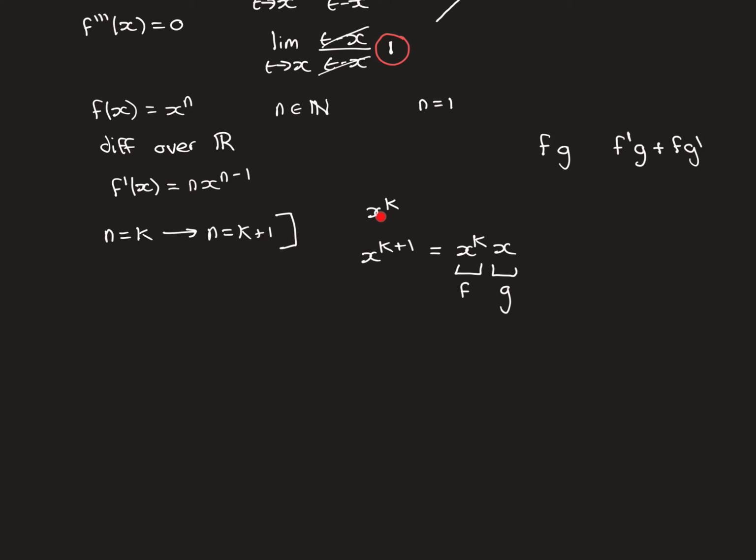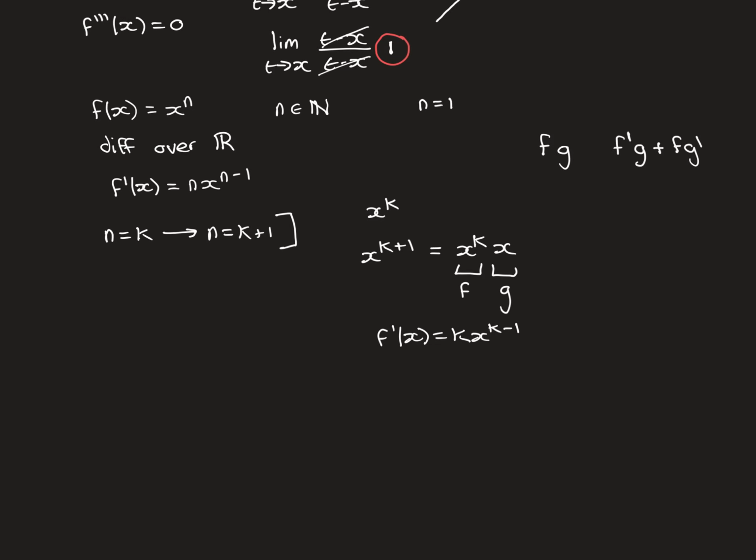Now, by our assumption, we got to assume that this was true for n is equal to k. We therefore know that this function x to the power of k is differentiable over the entire real line, and we know that its derivative, so f prime at x, is given by kx to the k minus 1.